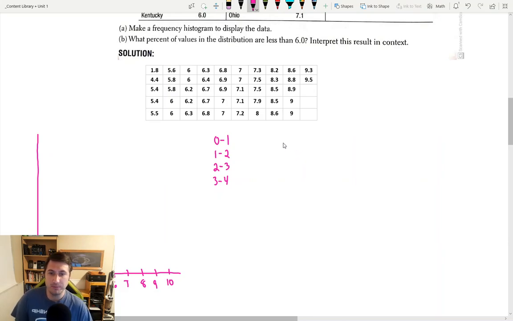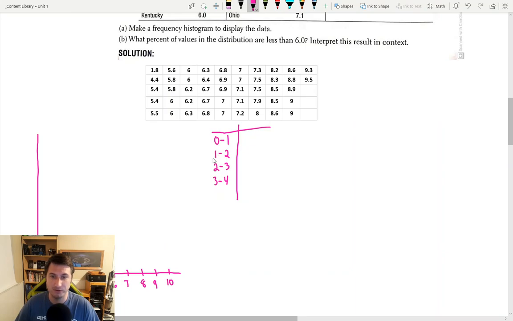The only tricky part here is where do you put the ones that are exactly 1 or exactly 2 or exactly 3? The rule we have there: this first bin will be everything from 0 all the way up to, but not including, 1. So it includes the first number, but it does not include the second number.